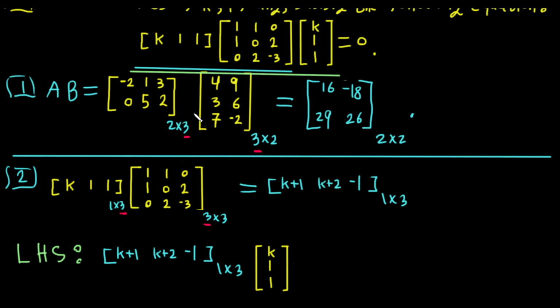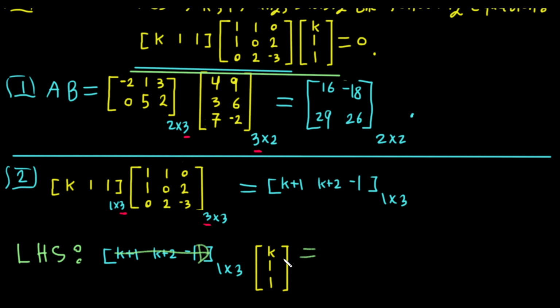Now we are computing the left hand side, this result is here and this one is here. After computing this multiplication, we will compare it with this 0. This 0 is a matrix, not only one number. It represents a zero matrix.